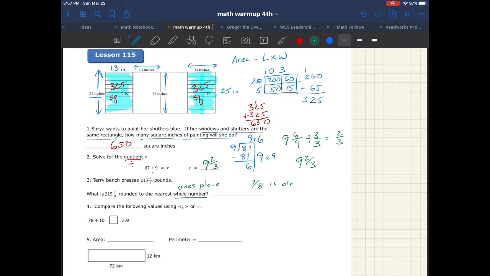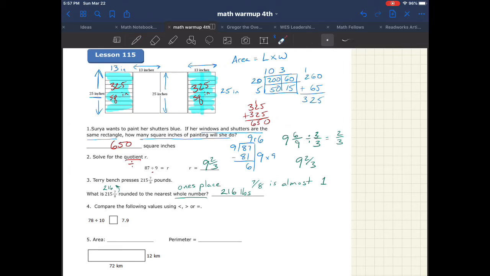Because 8/8 would be a total of 1. So if we are almost to 1, that means we are going to round up to the next whole number. The next whole number past 215 is 216. So our nearest whole number is 216 pounds.